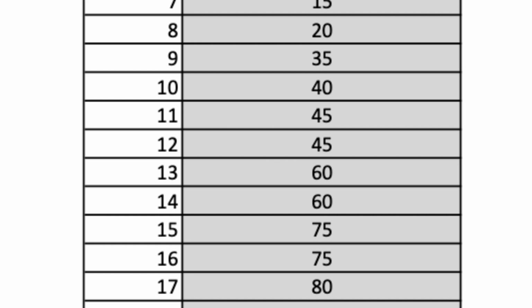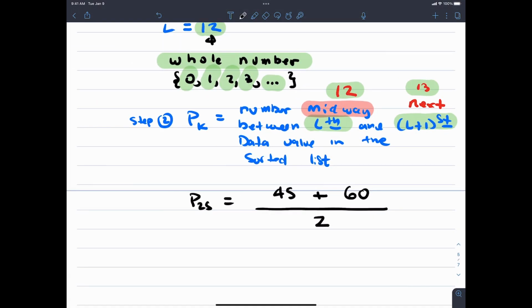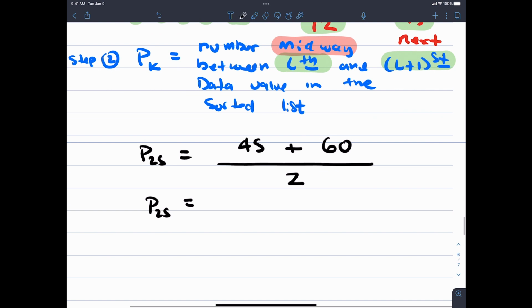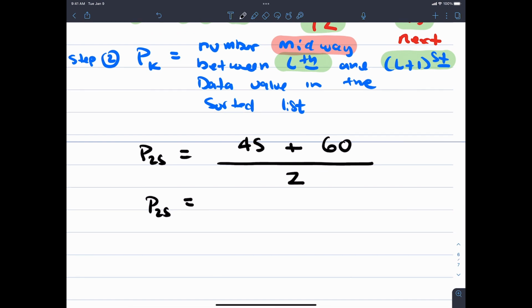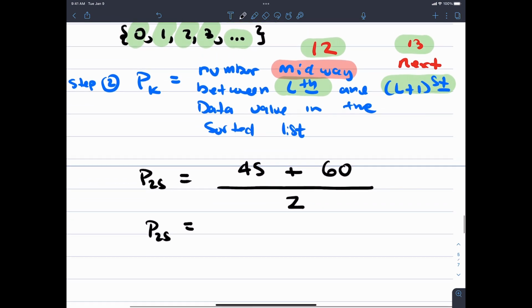45 and 60. What's midway between 45 and 60? You add them and you divide by 2, because this is the midway. Say that again. The 45 data value is number 12 on the sorted list. The next, which is 13, is 60.